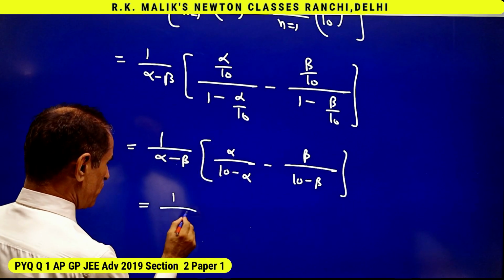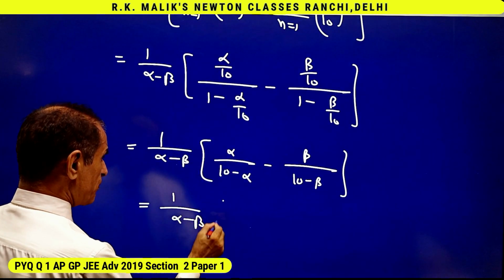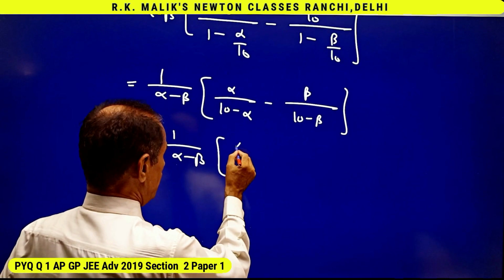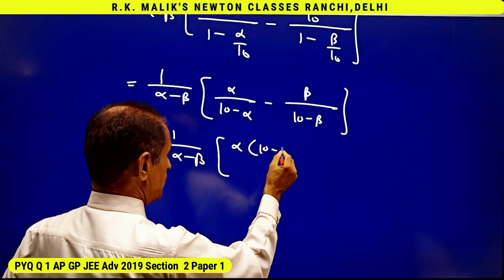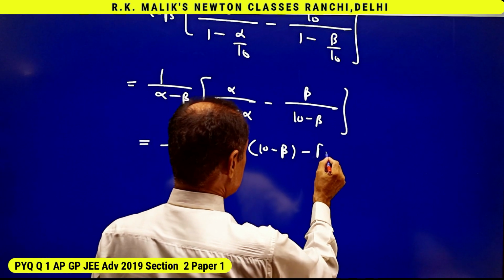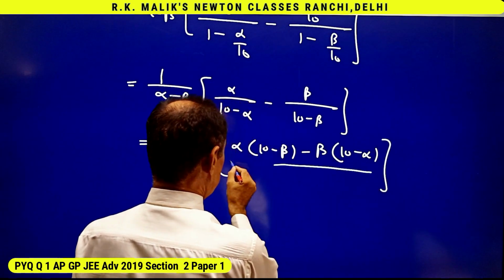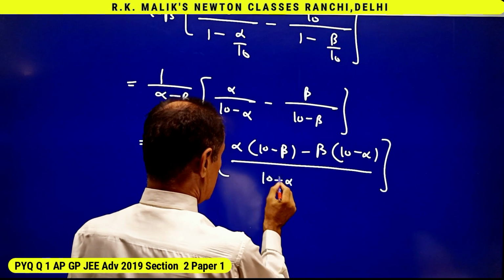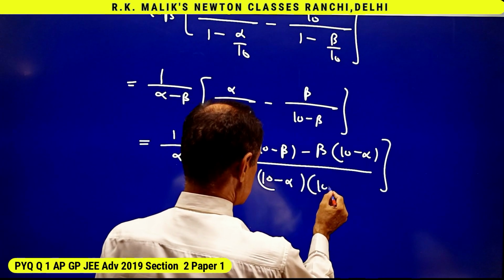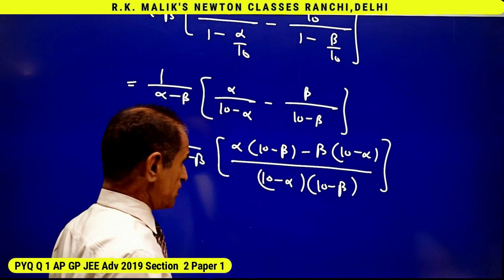That is equal to 1 upon alpha minus beta, alpha into (10 minus beta) minus beta into (10 minus alpha) upon (10 minus alpha) into (10 minus beta).